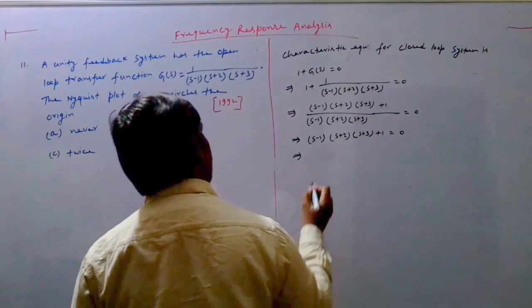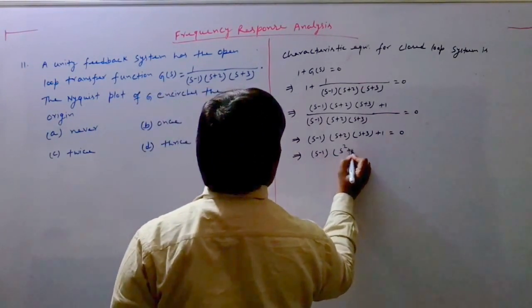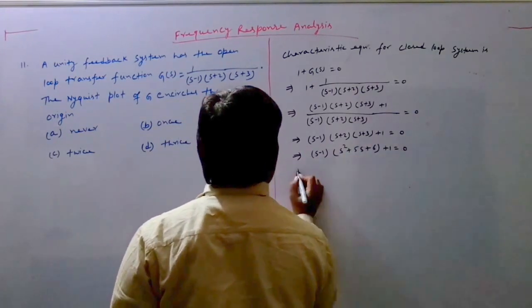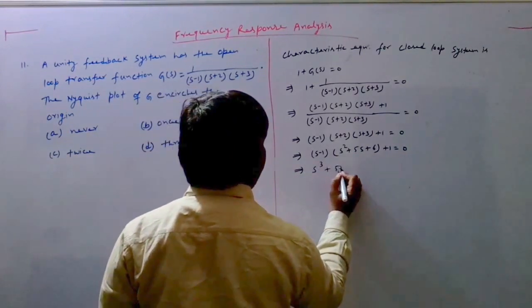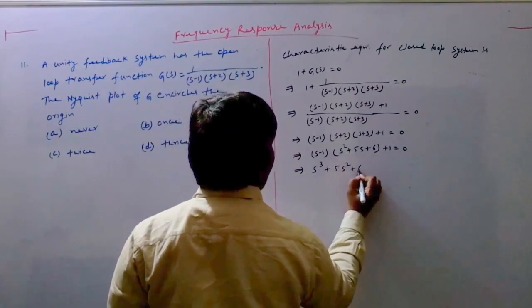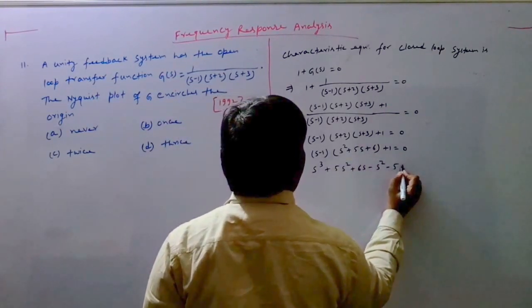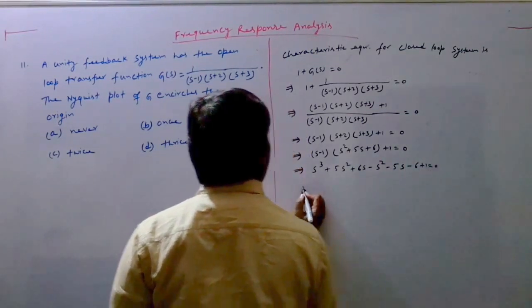Now this will be (s minus 1)(s square plus 5s plus 6) plus 1 equal to 0. Calculating, s cube plus 5 s square plus 6s minus s square minus 5s minus 6 plus 1 equal to 0.